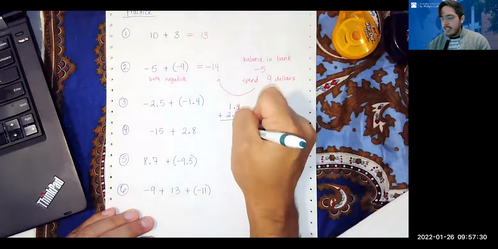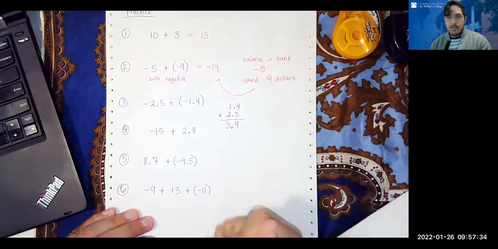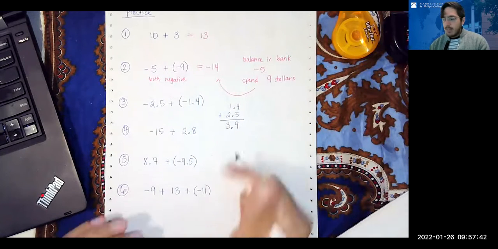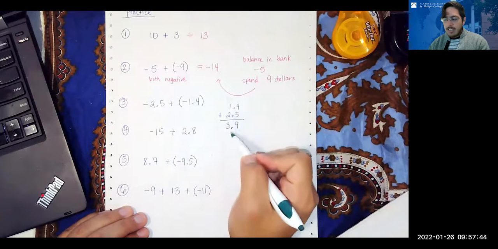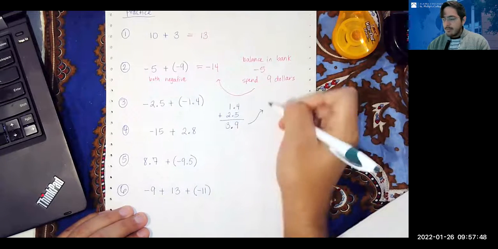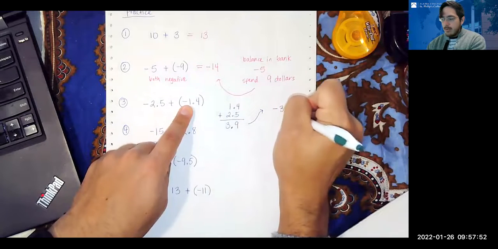So we should get 9 here, 3 here. That decimal just goes straight down. That's not to be confused with our rules for multiplying and dividing decimals. That's a different set of rules. But in any case, when we add them, we just line up the decimal and add our numbers up. So we should have negative, since these are both negative, 3.9.